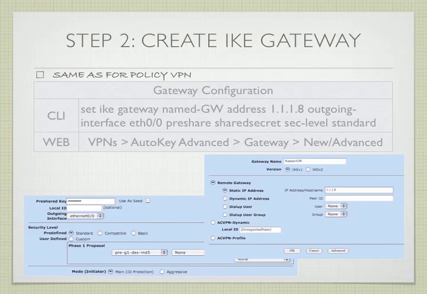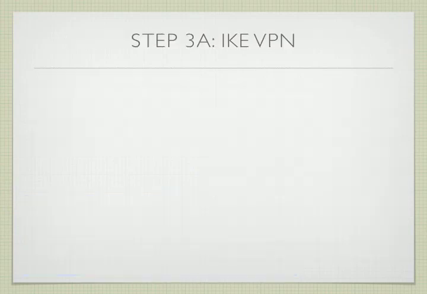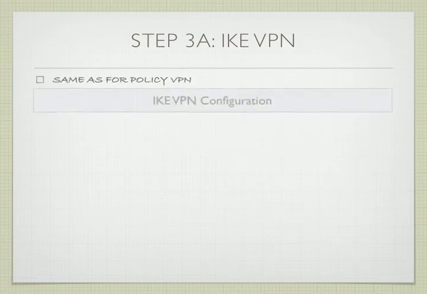So this step 2 has no difference at all between policy and route-based VPN. The gateways are identical. Now there are some differences in IKE, but this part of the process is the same.